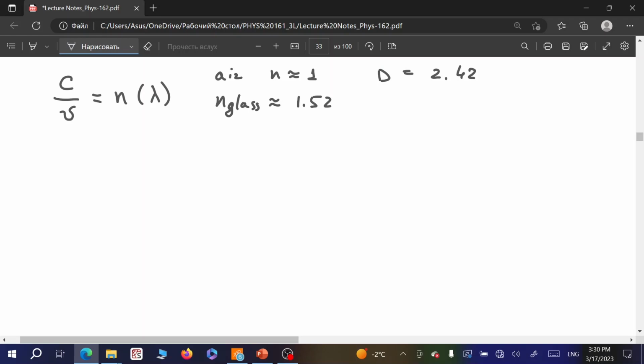So now let us consider this refracted beam, refracted ray. It travels with speed less than the speed of light in vacuum.